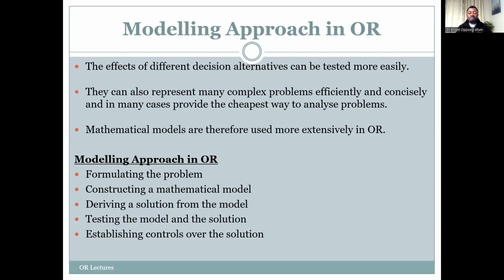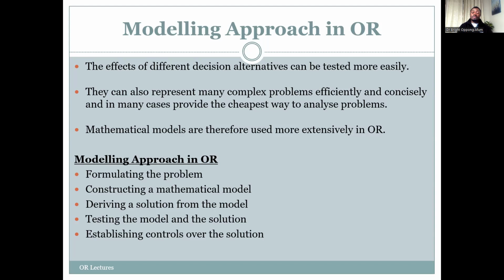The problem is formulated mathematically, constructing a mathematical model in terms of the relationship between the various decision variables, linking them to the external factors in terms of constraints, and also linking them to the objective function or the decision that must be undertaken. Then we solve the model, or we derive a solution from the model.